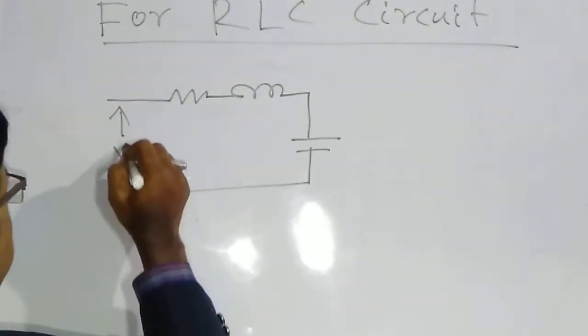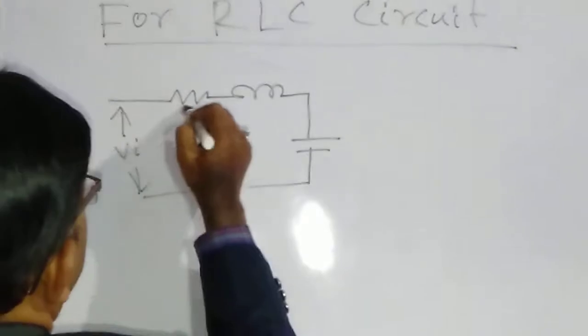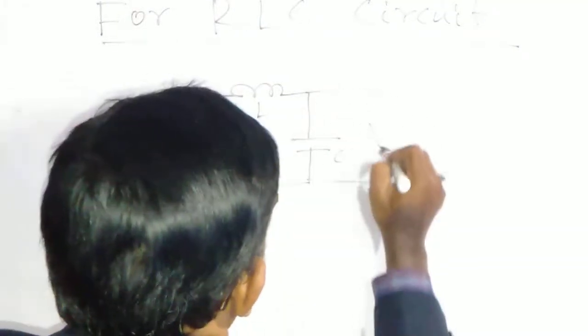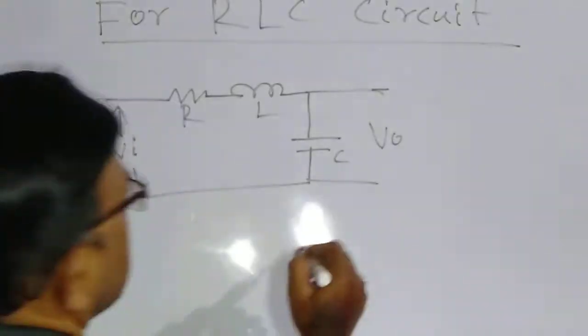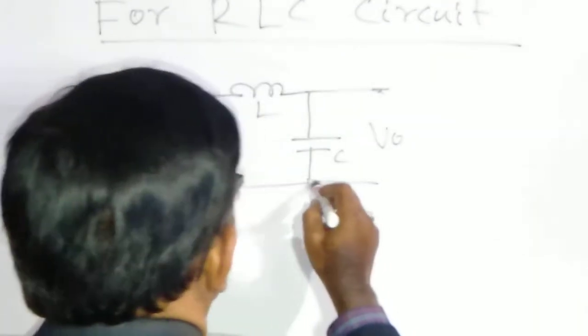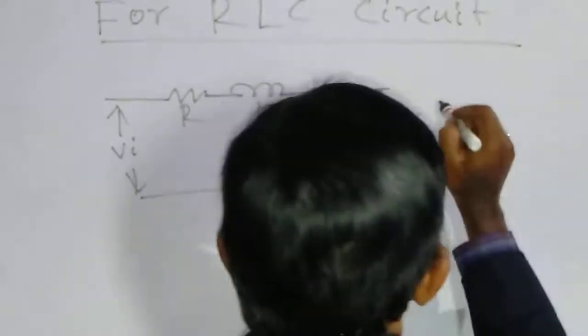This is Vi, and this is the V naught. So here we can directly take the Laplace transform, that can be easily done.